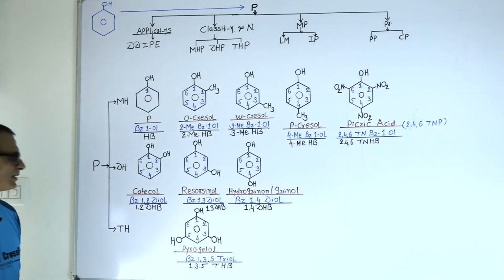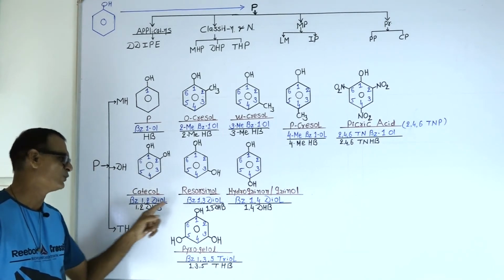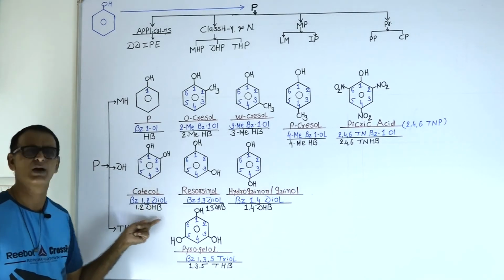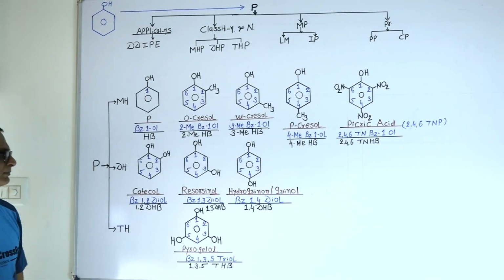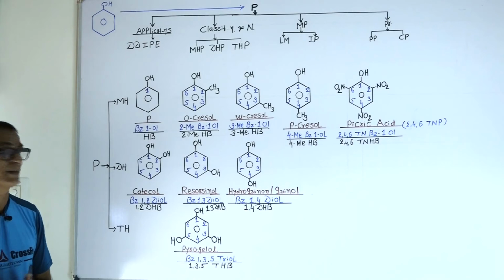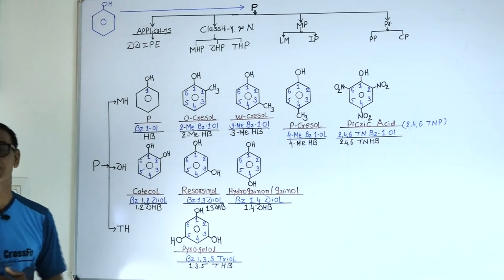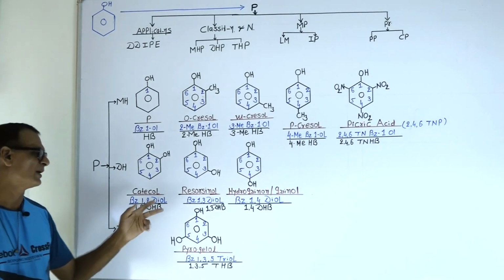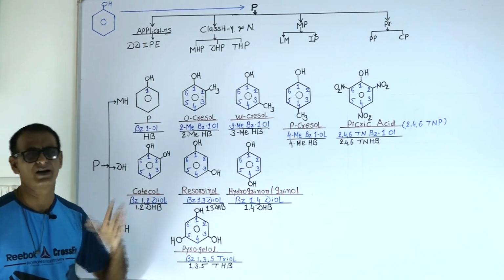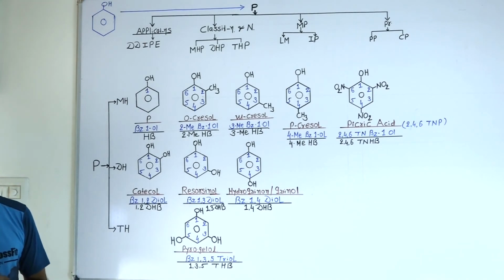In case of dihydroxyphenol, if two hydroxy groups are present on the ortho position, it is known as catechol. Its IUPAC name is benz-1,2-diol, otherwise 1,2-dihydroxybenzene. If both OH groups are present on the meta position, it is known as resorcinol. This is the commercial name. The IUPAC name is benz-1,3-diol, otherwise 1,3-dihydroxybenzene.